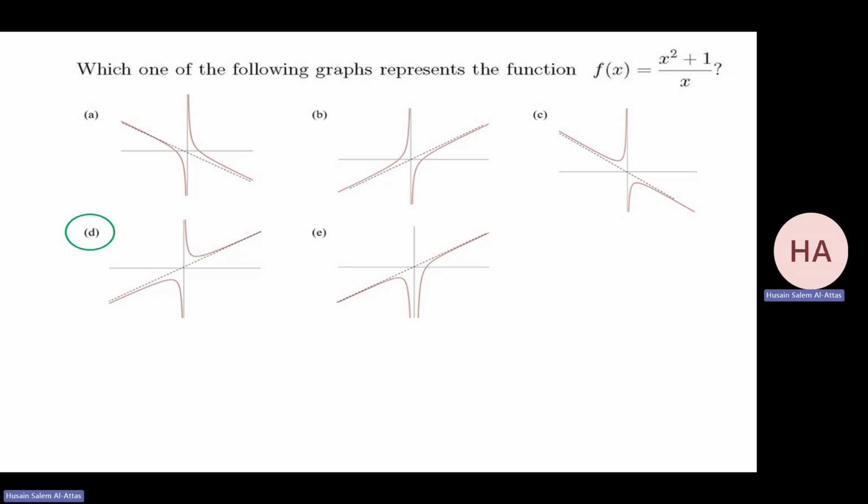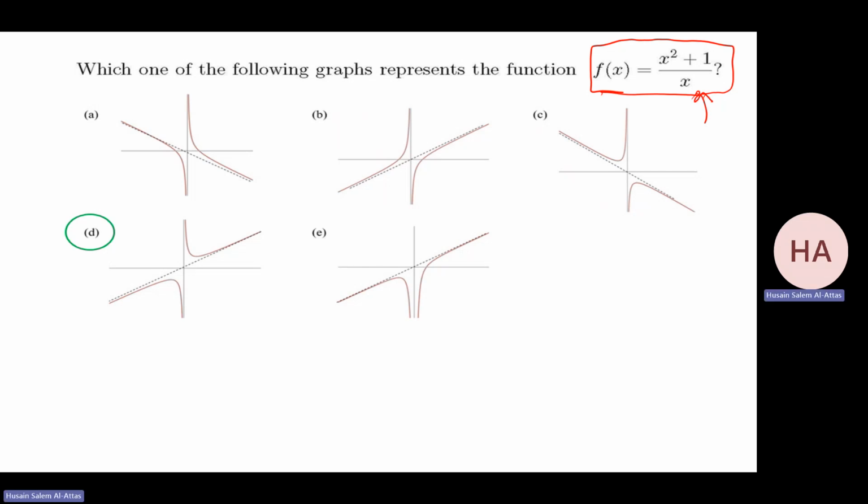Okay. Now this question, it says, which one of the following graphs represents this function? You can do it by trying to graph the function. You find the domain, find the intercepts, find all the things related to that. Or you can do it by getting some information from that function and deleting the graphs which do not satisfy this information.